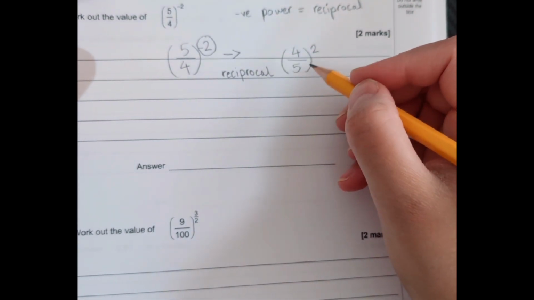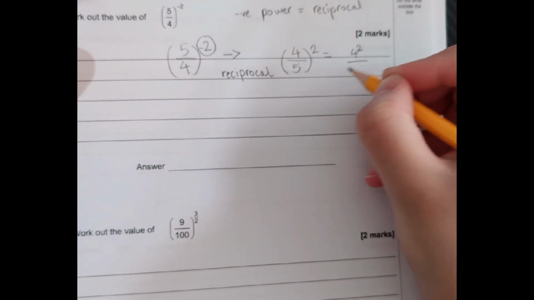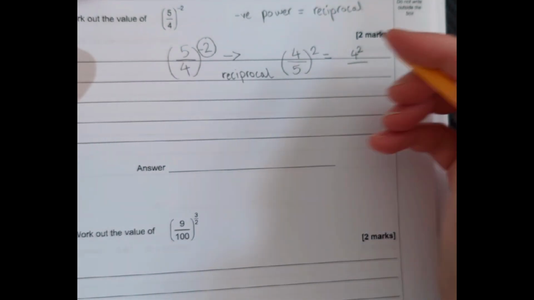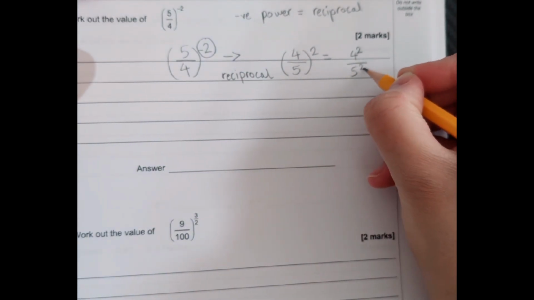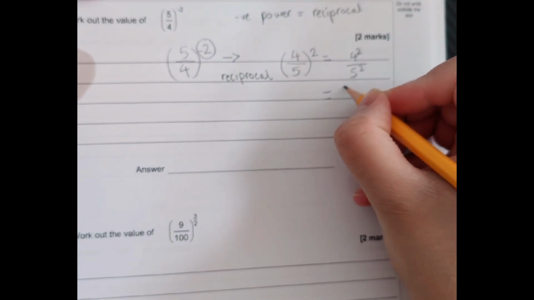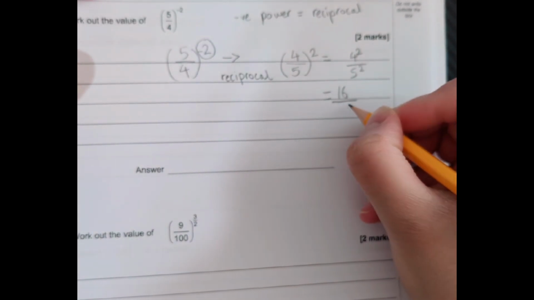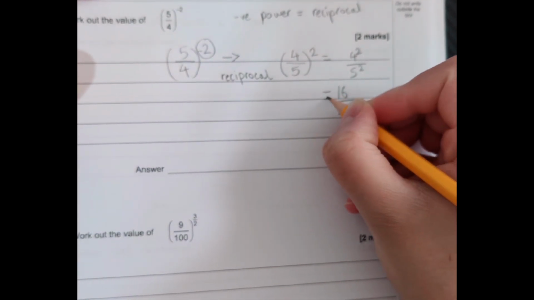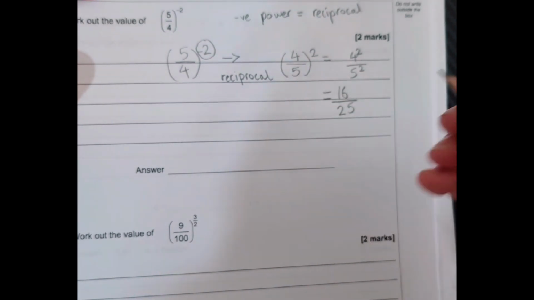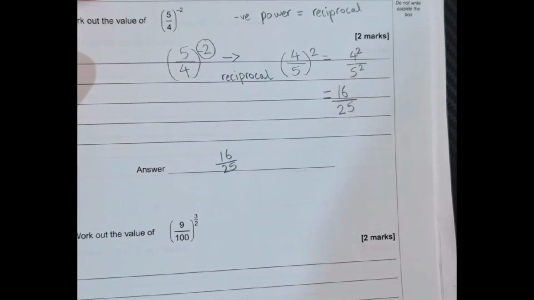So now that I square this, I need to square my numerator, and I also need to square the denominator. So 4 squared as well as 5 squared: on the top I've got 16 because 4 times 4 is 16, and as my denominator I've now got 25, which is 5 times 5. Okay, so that is my answer for question 19a.